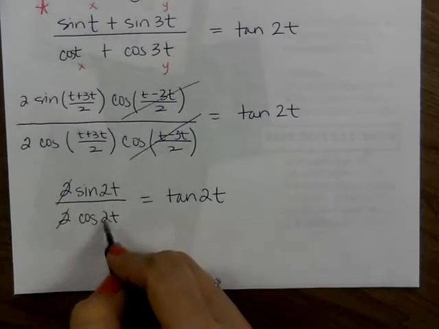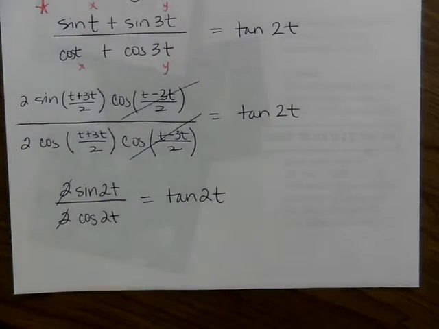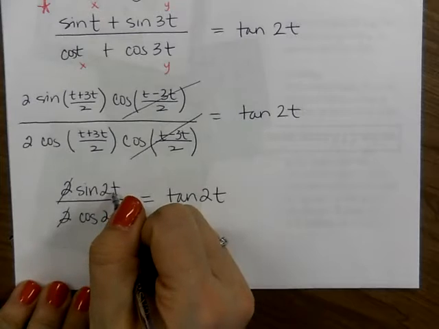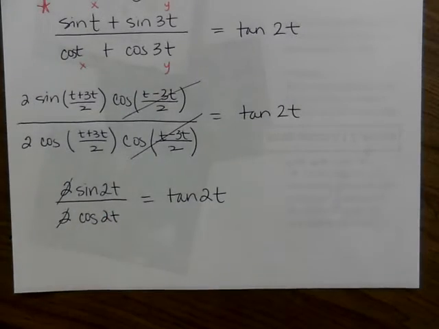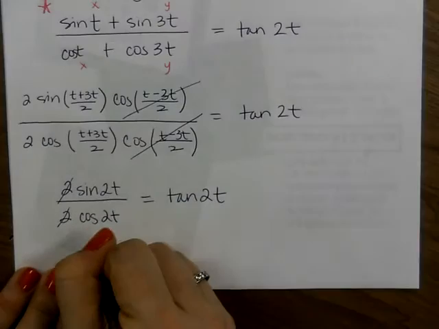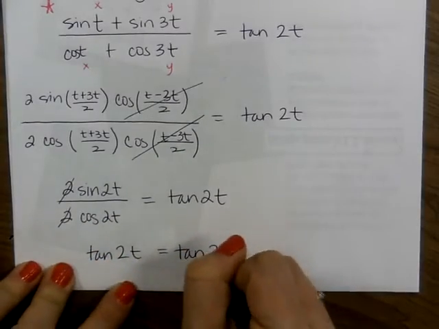Do these 2's cancel? No, because that is locked inside and is illegal to change, okay? So we're not changing that, which is going to result in the sine of 2t divided by the cosine of 2t, which is just tangent of 2t, which is exactly what we need.